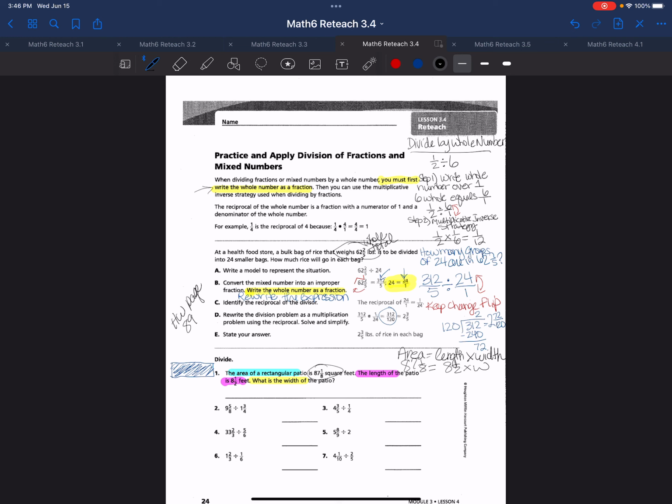So when you're looking at this, you have to understand that this here is a multiplication problem, and the opposite of multiplication is division.